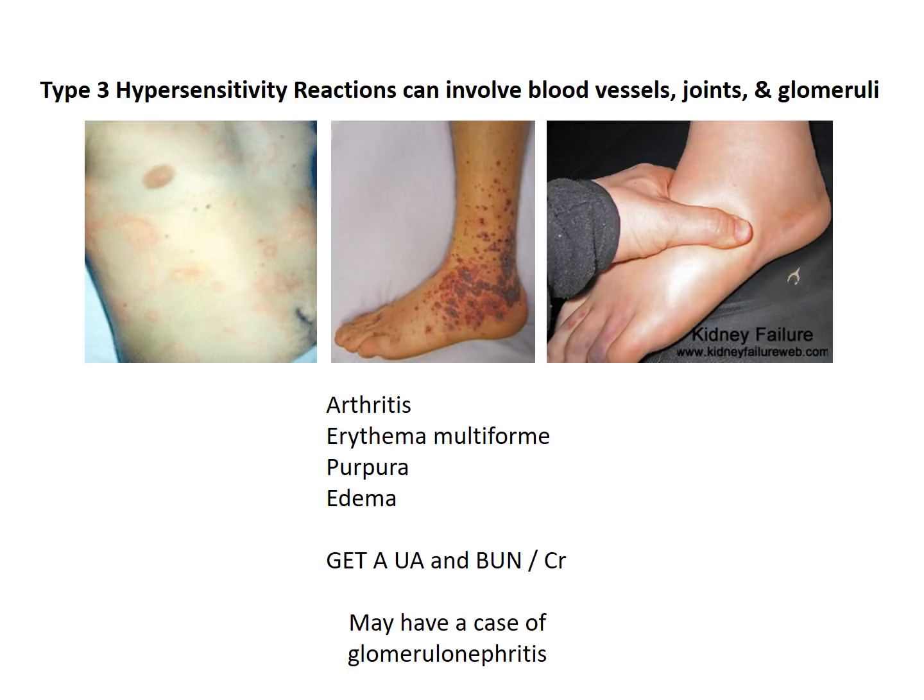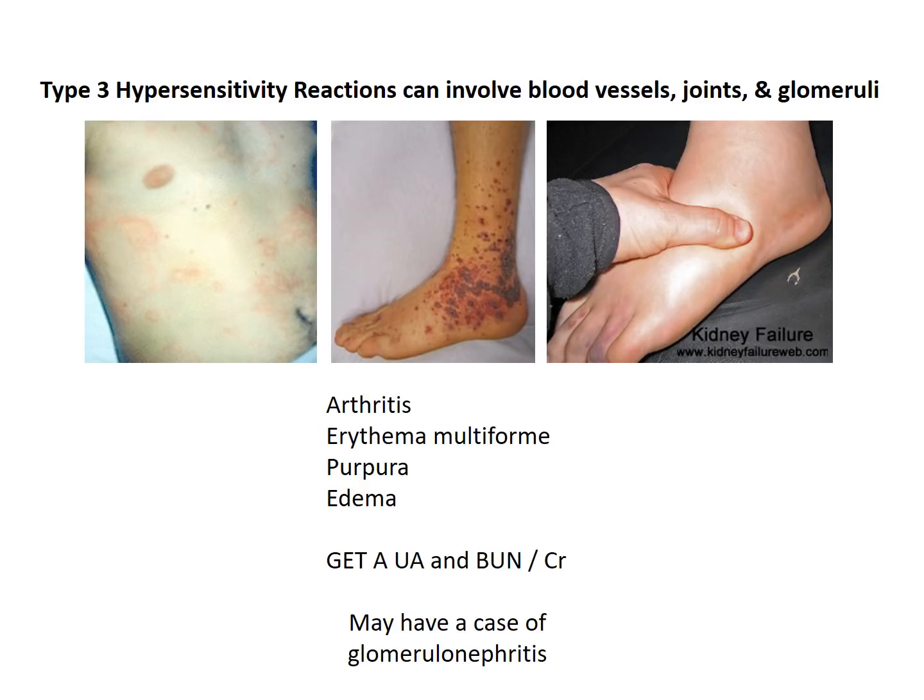Type 3 hypersensitivity reactions can not only involve the glomeruli, but can involve skin, joints, and blood vessels. So anyone that you see with arthritis, erythema multiforme, edema, purpuric lesions, always get a UA, always get a BUN and creatinine, because you may have a case of glomerulonephritis, right?